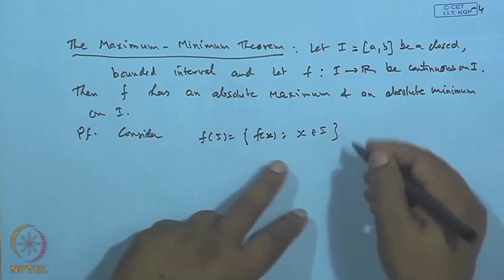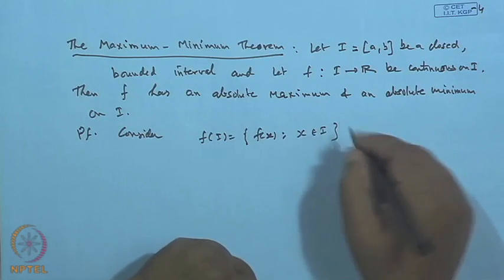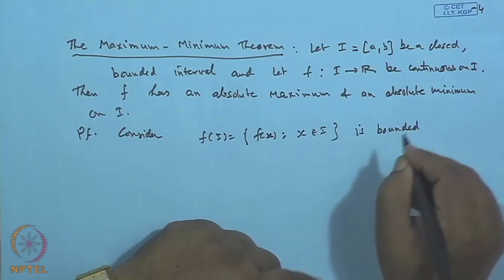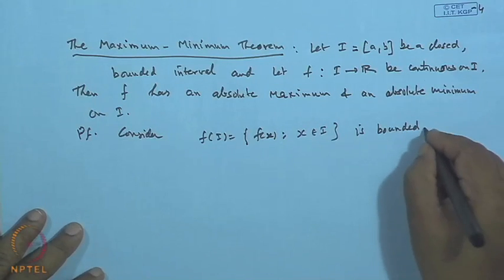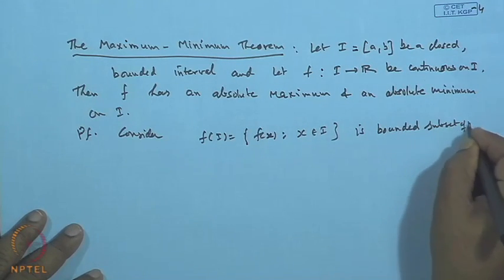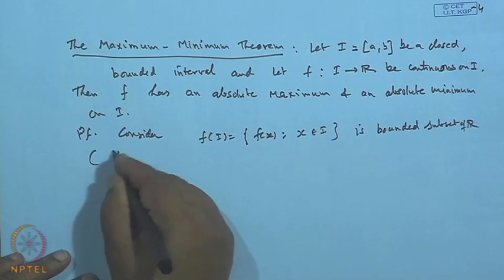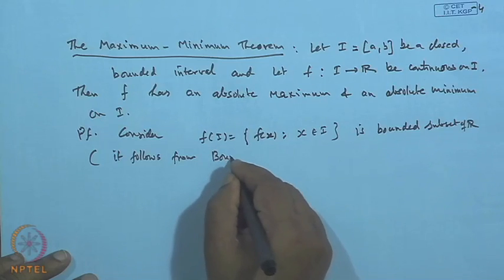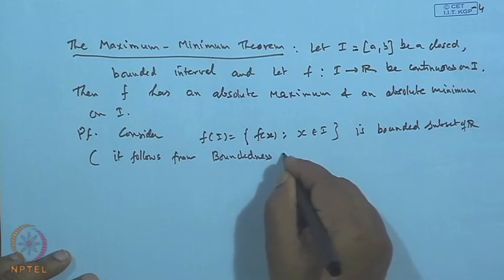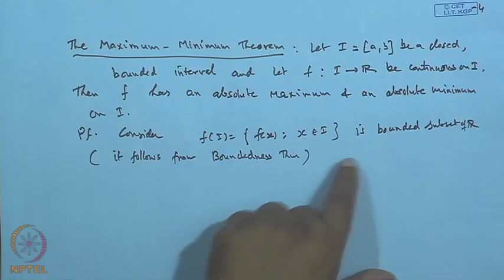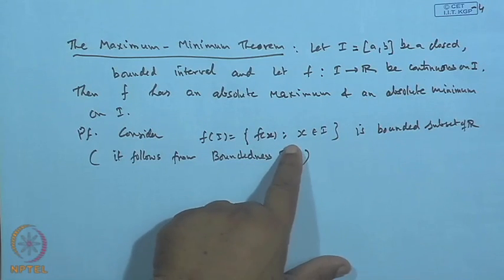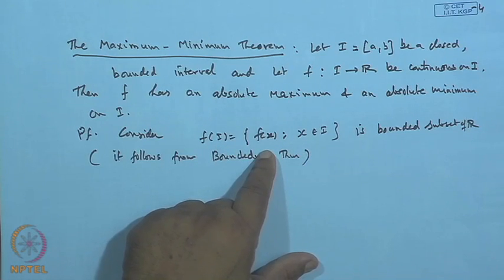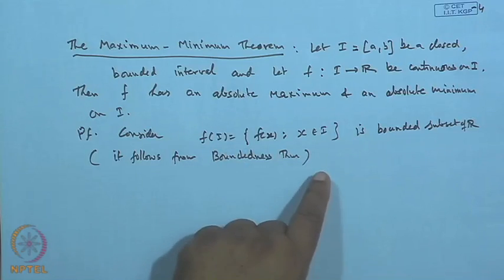Now, this range set f of I is clearly a bounded subset of R, and this follows from the boundedness theorem. We have seen that if I is a closed bounded interval and f is a continuous function, then f is bounded on I, that is, the range set is a bounded set.